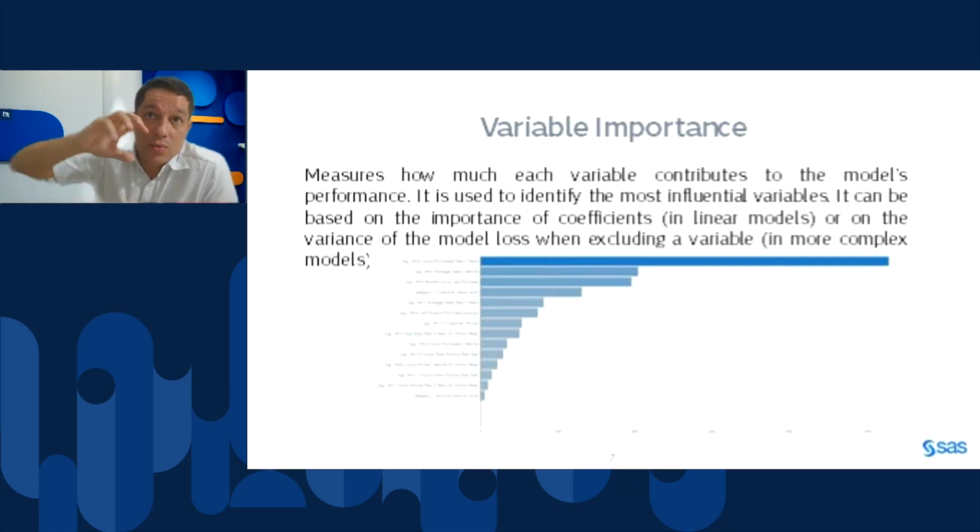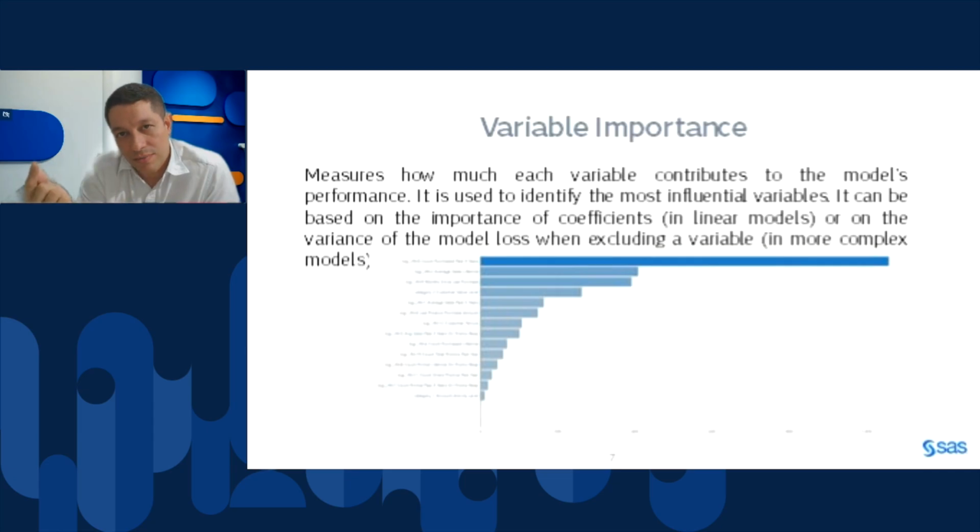When I run a decision tree with just one level, I can calculate the information gain, that is, how much entropy was decreased with this variable. This is the most important variable.